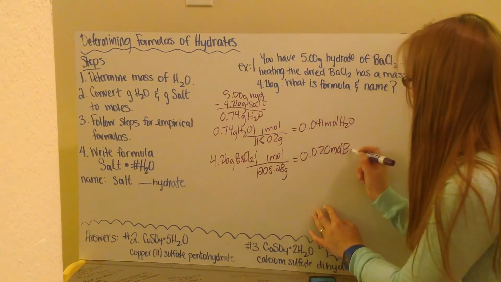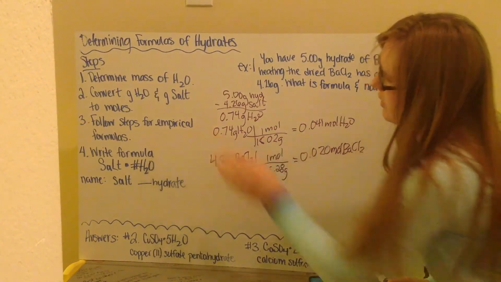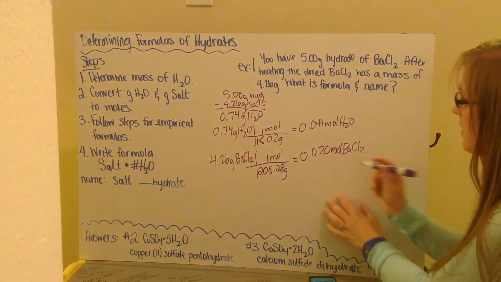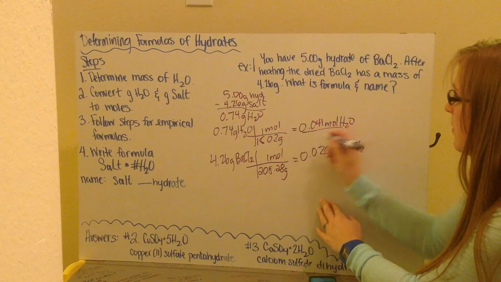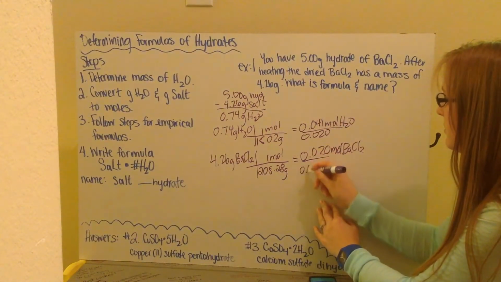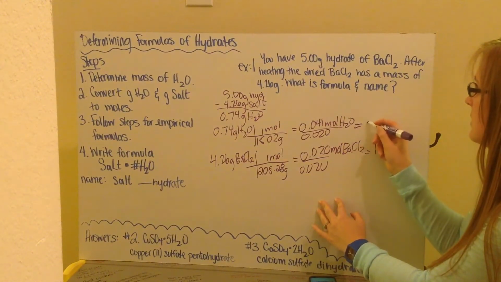Then I'm following my steps for empirical formula. My next step is to divide by my lowest number to get a whole number. So 0.02 is lower, so I'm going to divide both by that, and I get 1 and approximately 2.